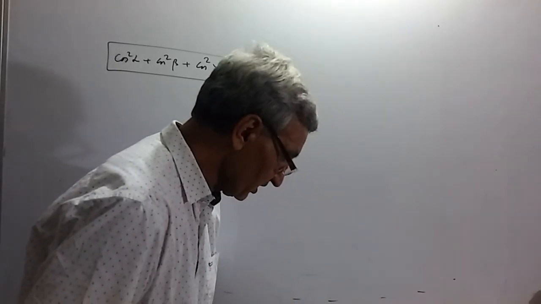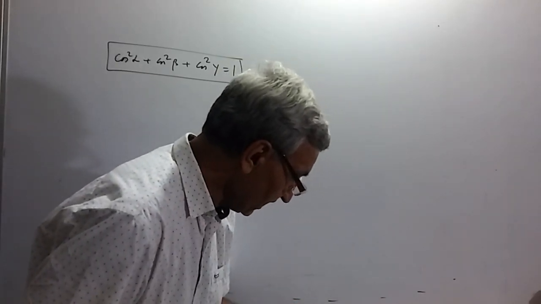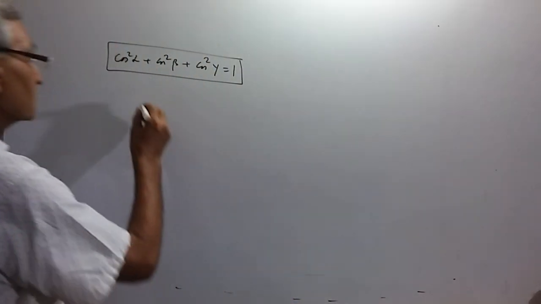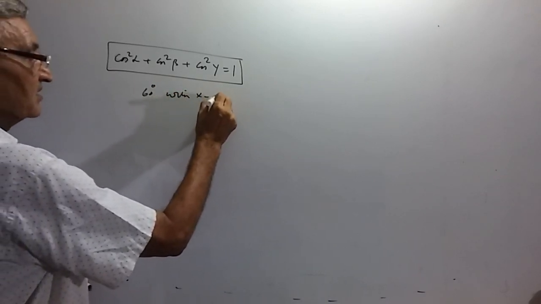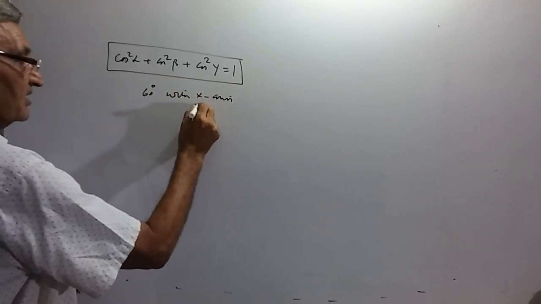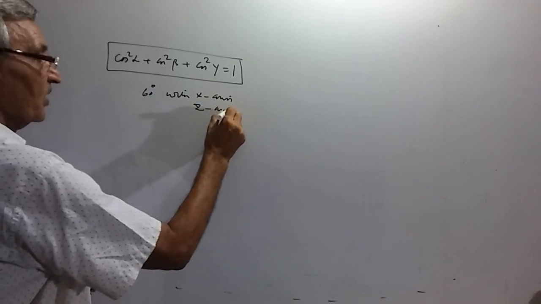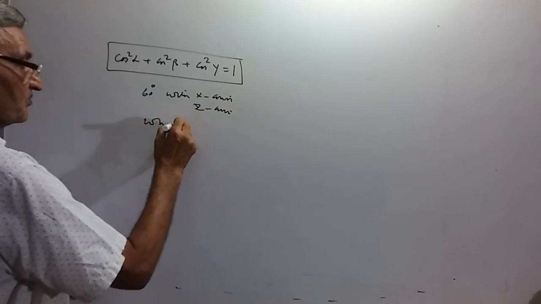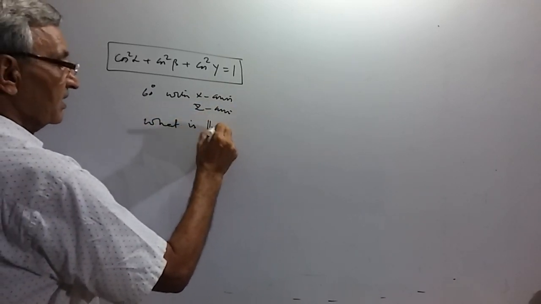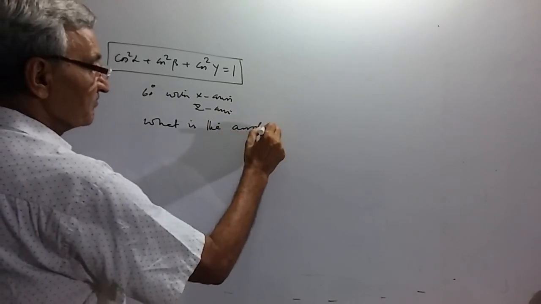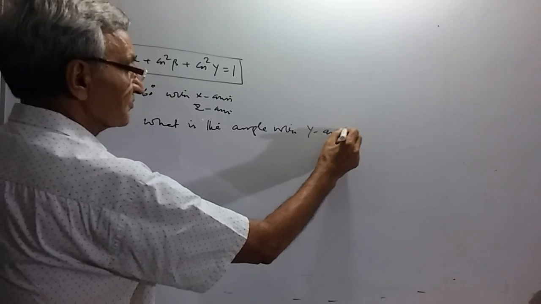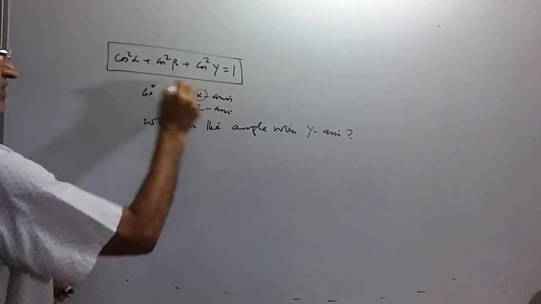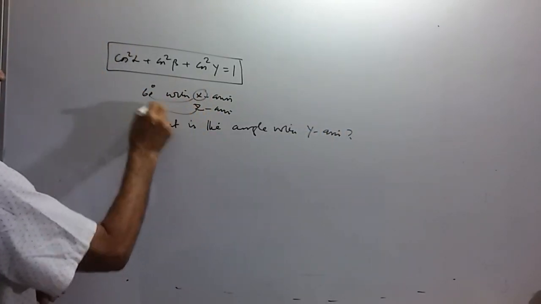Let me do one question here. Suppose a line makes a 60-degree angle with x-axis and z-axis. So what angle does it make with the y-axis? Well, alpha is equal to 60 and gamma is 60.